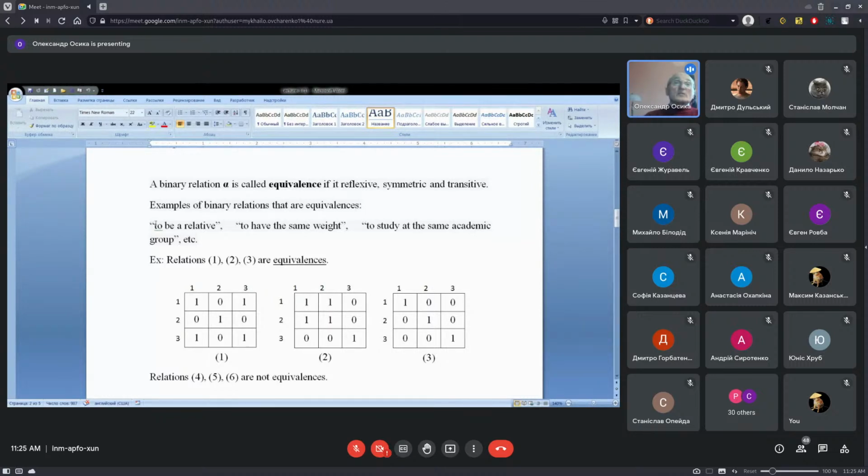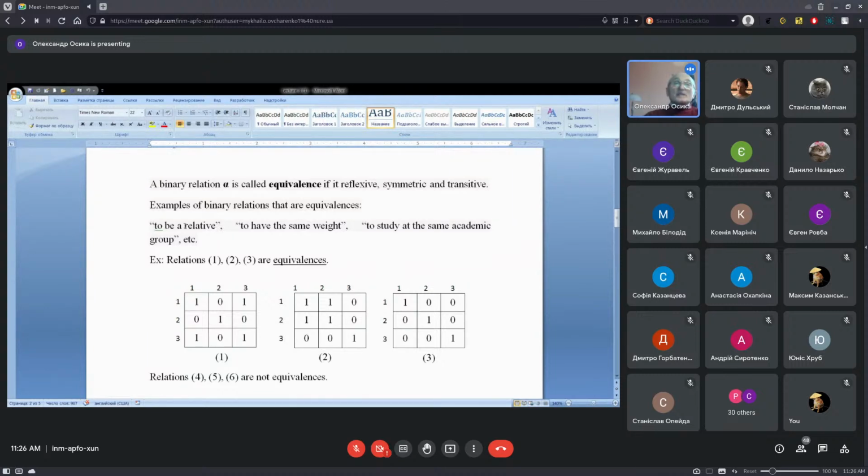Well, first of all, X is a relative to itself, to himself or herself. We said why, because you are the dearest, the closest person for yourself. A relative, a relative. We can assume if X is a relative to Y, then Y is a relative to X. So it is symmetry.